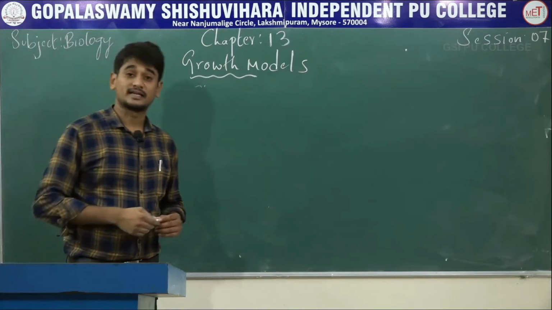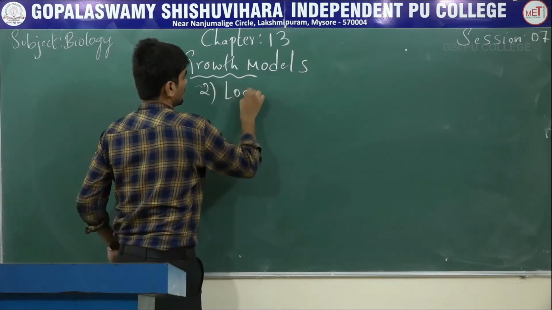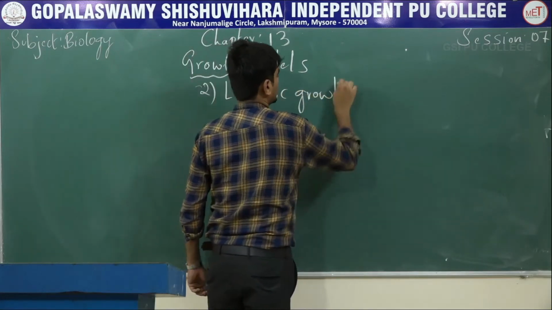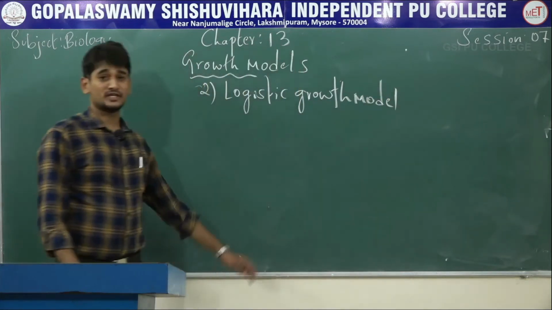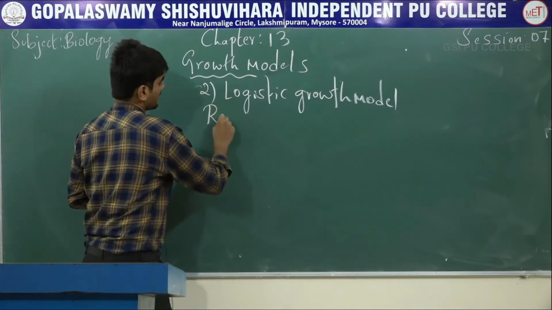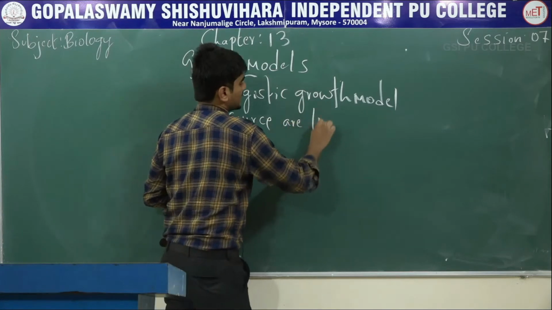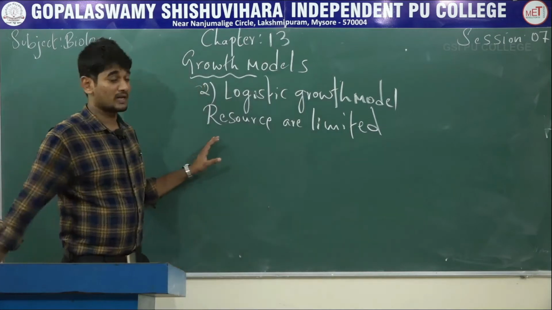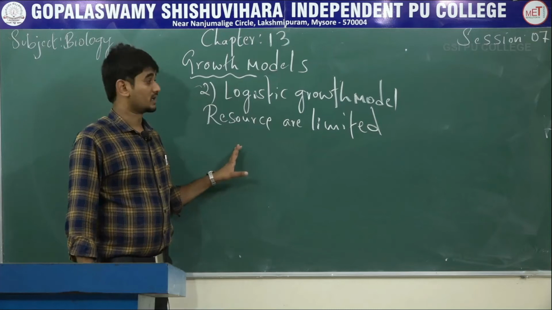The second one is the logistic growth model. The logistic growth model occurs when the resources are limited in the habitat or in the population.